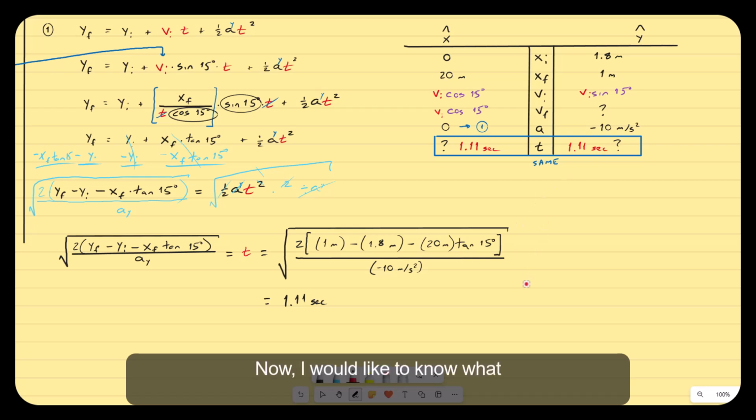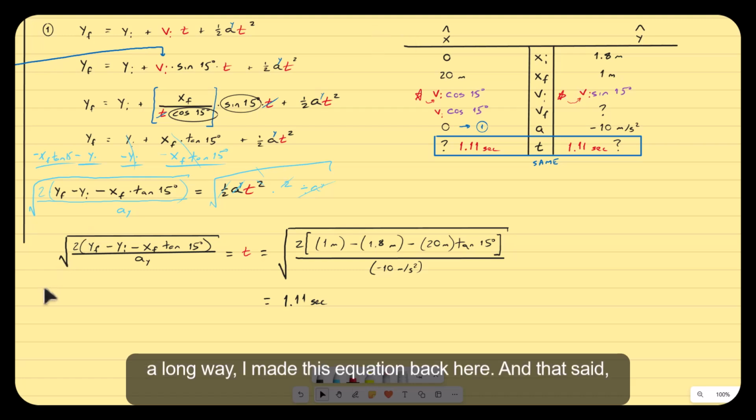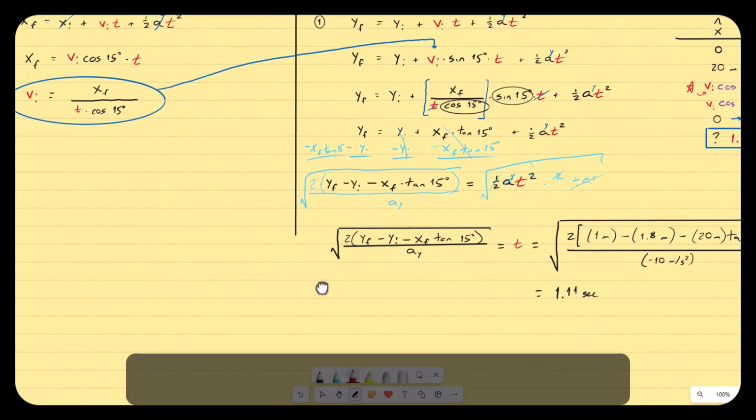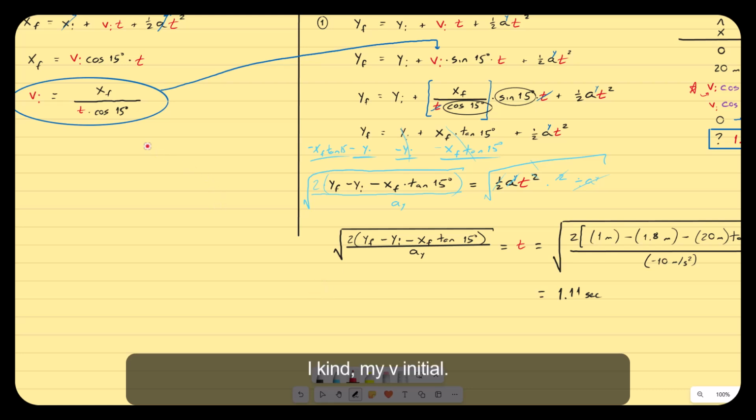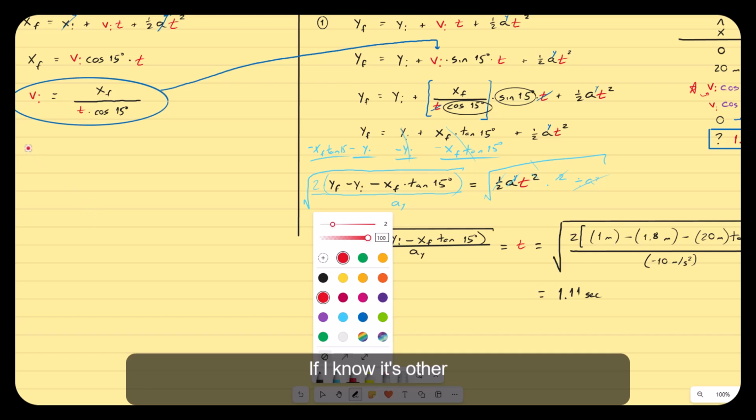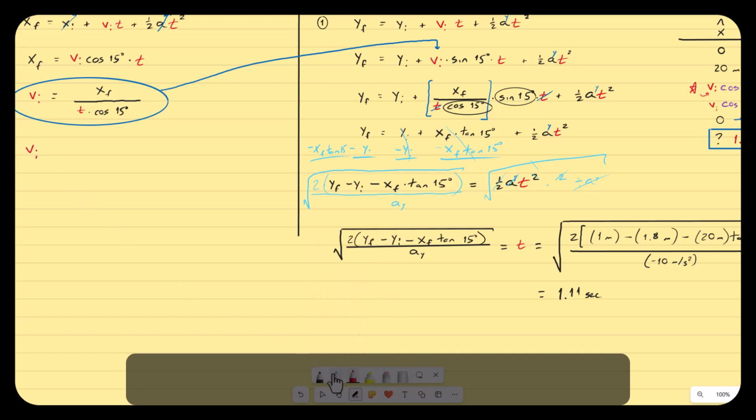Now I would like to know what my v initial is. So I can do that in the x or in the y direction. But along the way I made this equation back here in blue. And that said, I can find my v initial if I know these other values, and now I do.